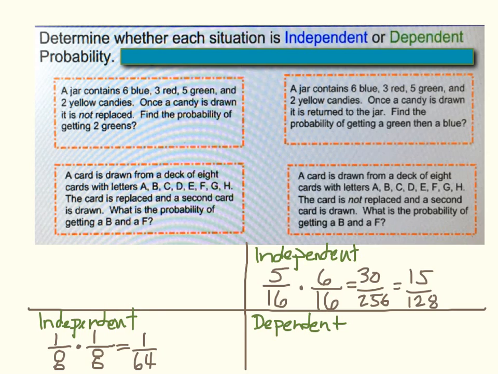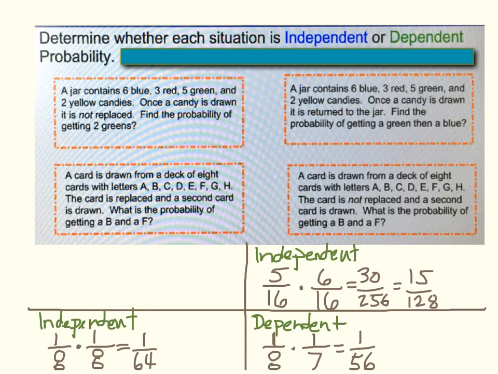When we make our first selection, there are 8 cards in the deck, and one of them is a B. But now when I go back in for the second card, instead of there being 8 cards, there's only 7 cards. One of them is still an F, and now the probability of reaching in, pulling out a B, not replacing it, reaching in and pulling an F would be 1 out of 56.